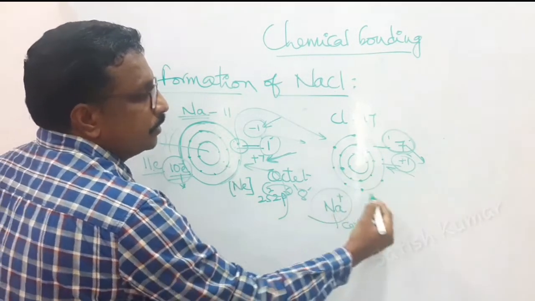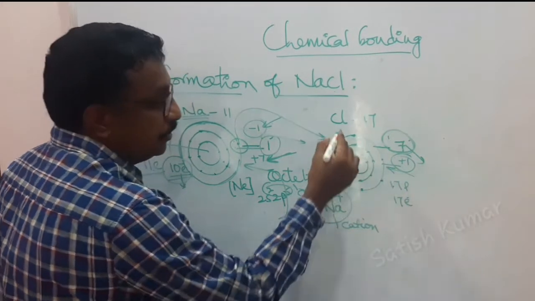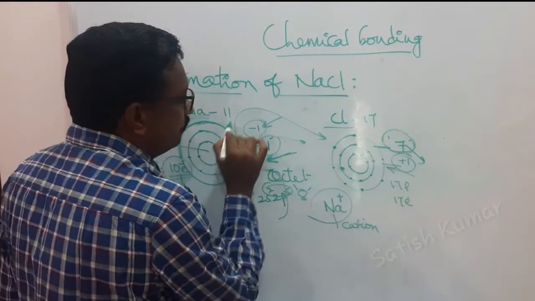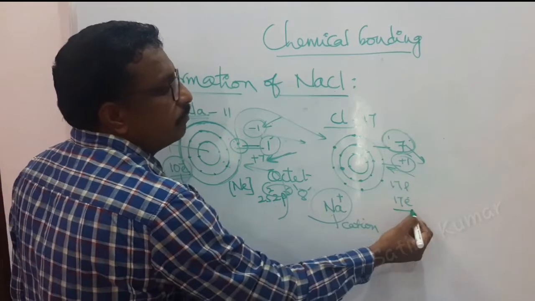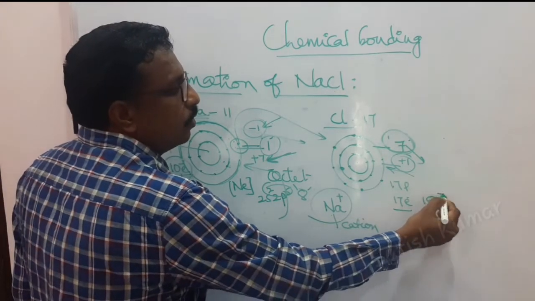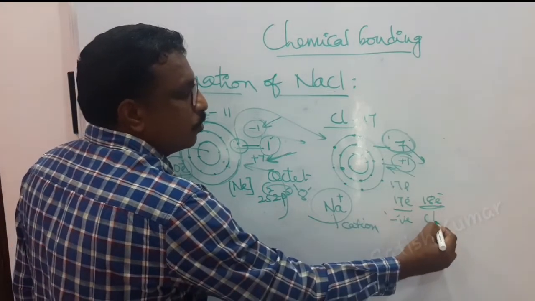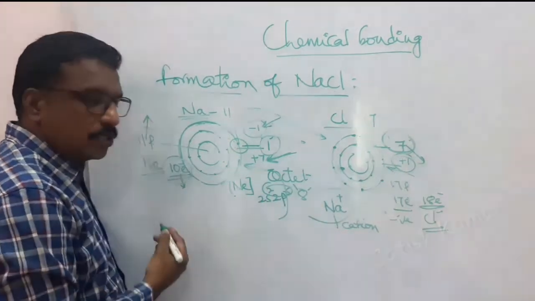And here 17 protons and 17 electrons are there when it is neutral, but when 1 electron is transferred from sodium and it acquires that one, it will have 18 electrons. So the electrons will be more, that's why it will become negative, so it will become Cl minus. So this is a negative ion, I can say it is an anion.